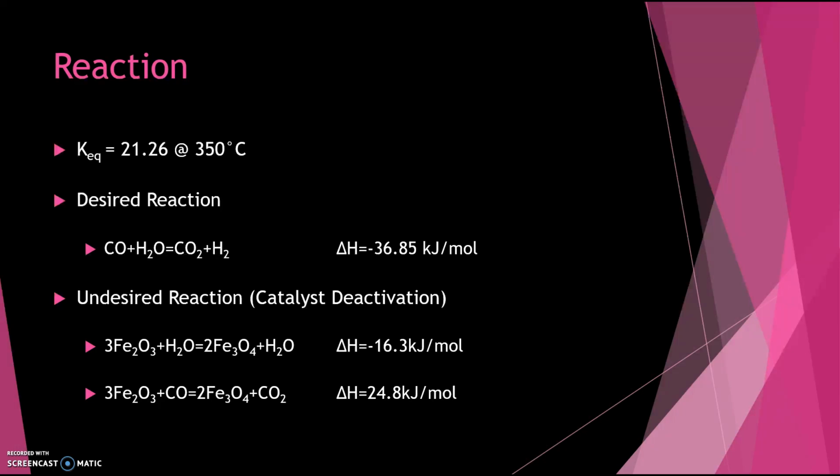A little bit about the reaction. Our reaction ran at 350 degrees C. At this temperature, the K equilibrium is going to be 21.26. The desired reaction for our project is going to be carbon monoxide plus water becoming carbon dioxide and hydrogen gas.